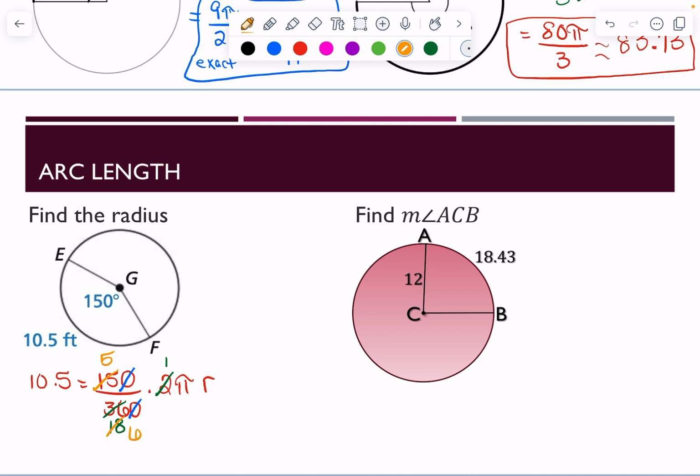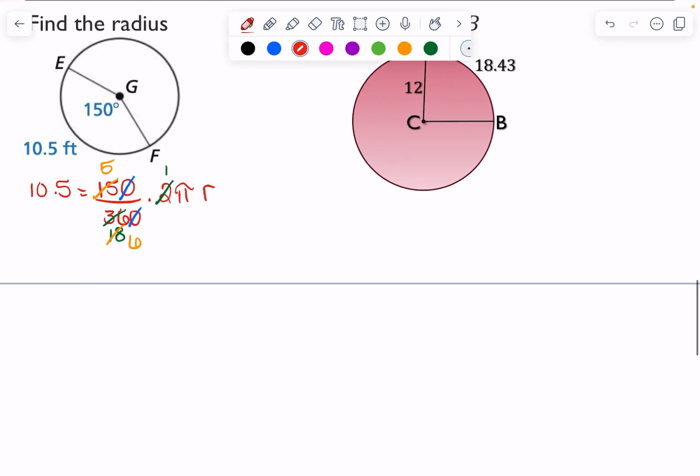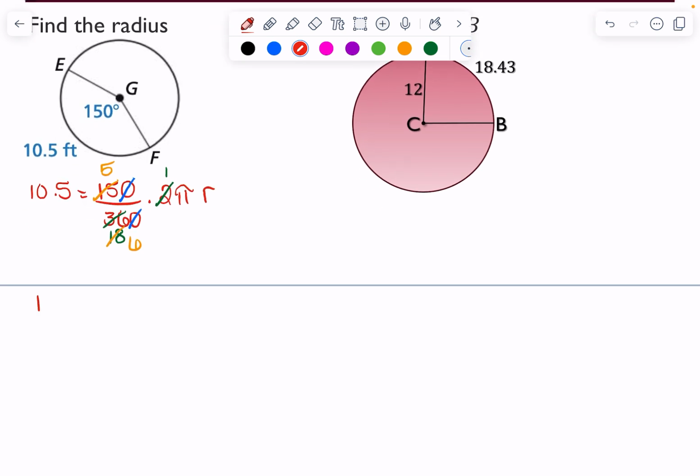So now if you look, that math has become a lot easier. So now here's what I now have. I'm just going to rewrite it. So what I have now is 10.5 is equal to 5 pi r over 6.